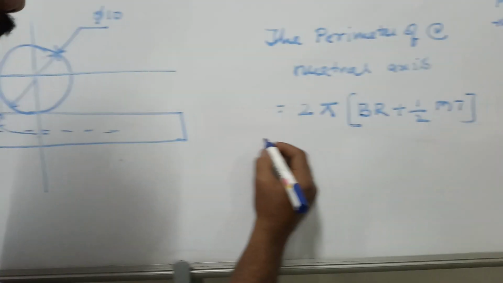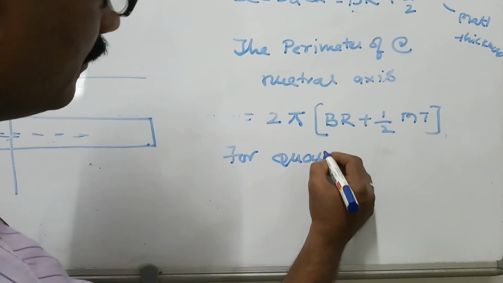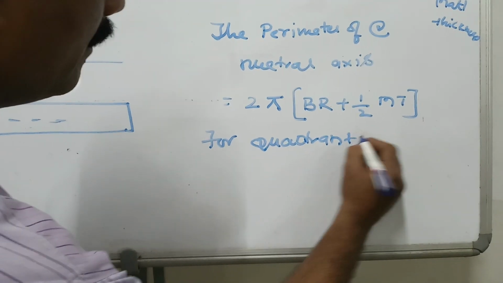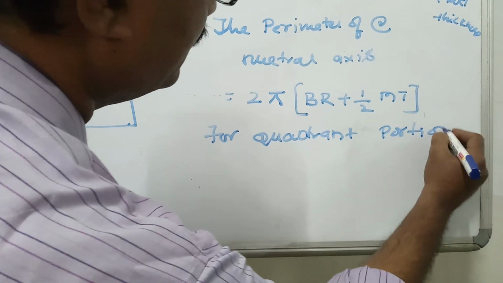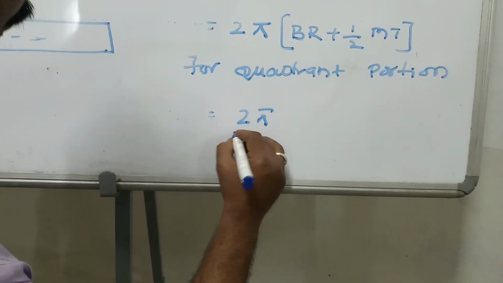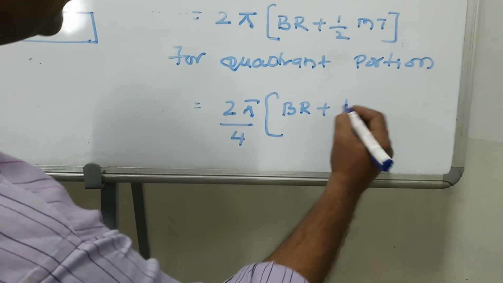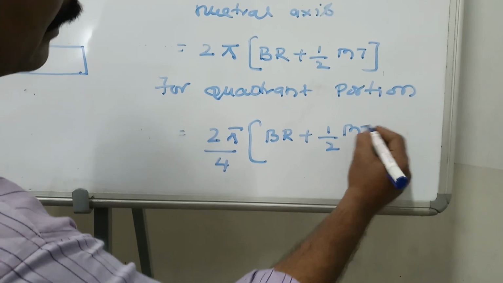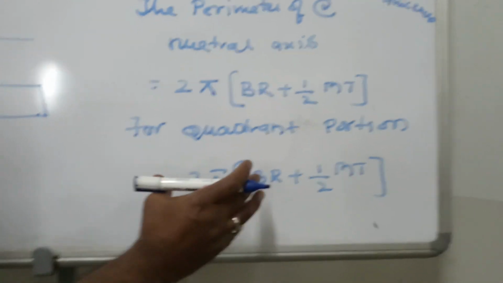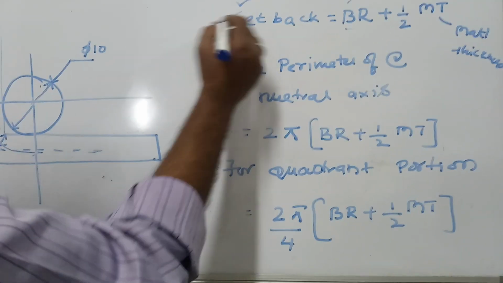So now what I do, for quadrant portion the perimeter is 2 pi by 4 into Br plus half of the material thickness. So this is how we calculate the bend allowance.